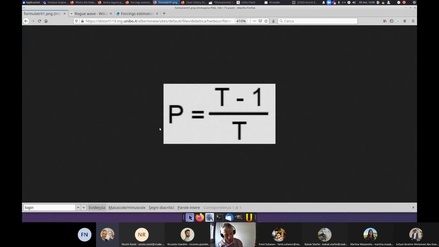Why is this relationship not valid if you have the possibility that more than one extreme event occurs each year? So instead of having one observation per year, you have 2 or 3, for instance. Why does this relationship not apply anymore?